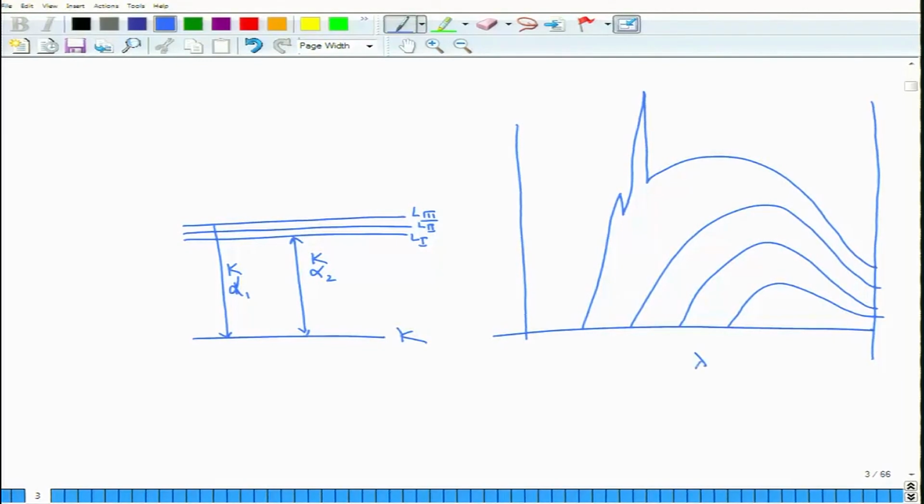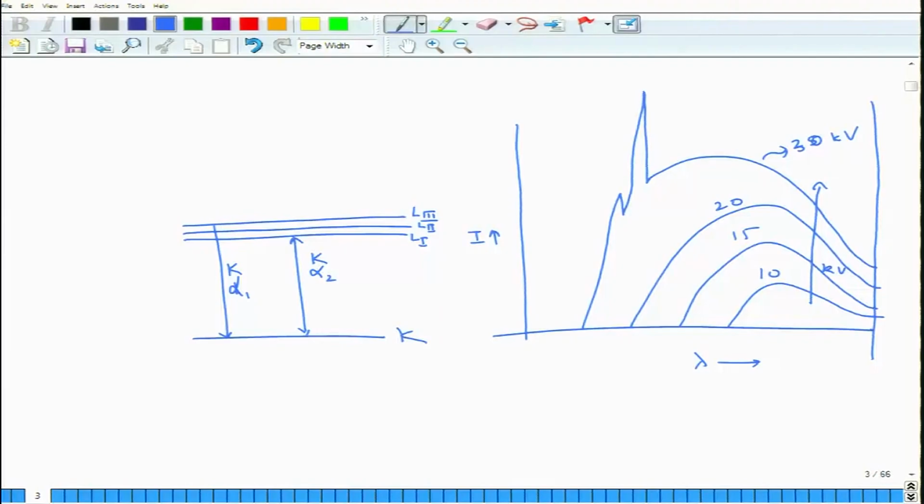This is lambda, this is the intensity of radiation, and this is kV increasing: it could be at 25 or 30 kV, then 20 kV, 15, 10, and 5.